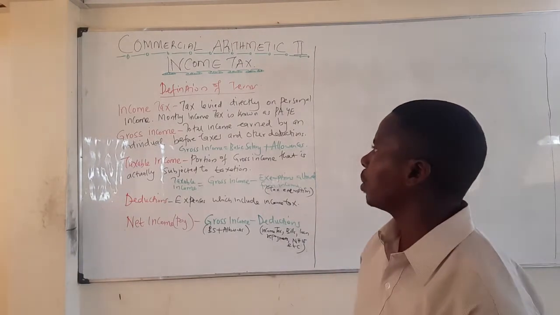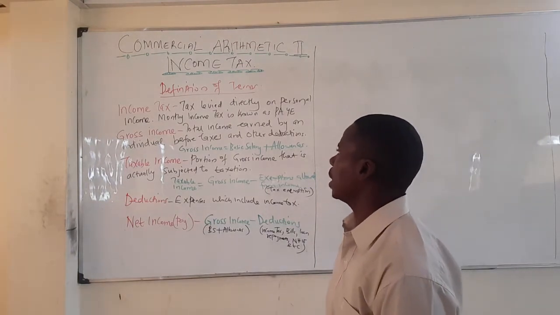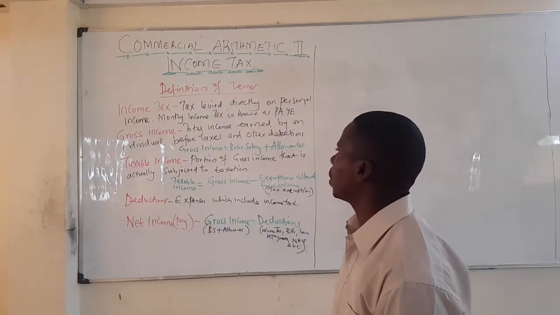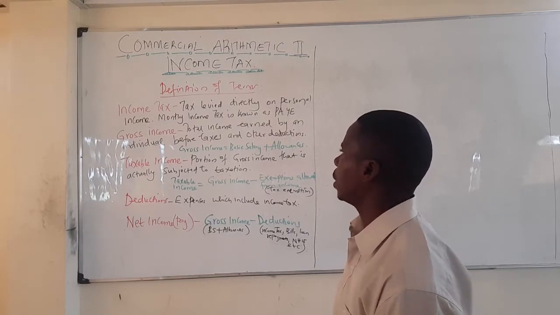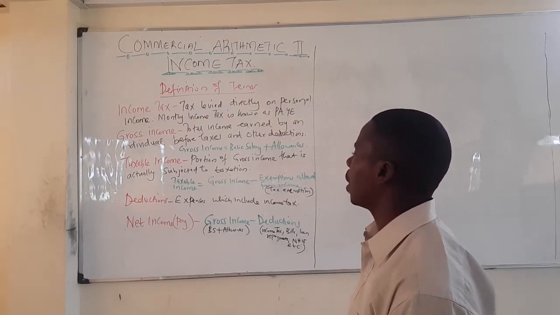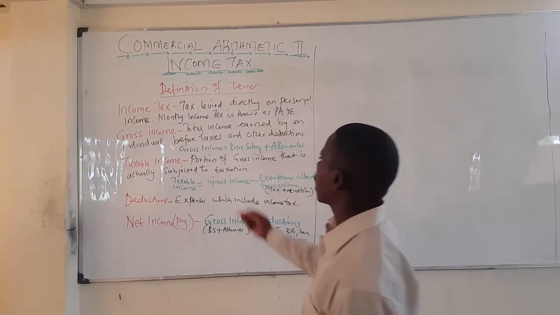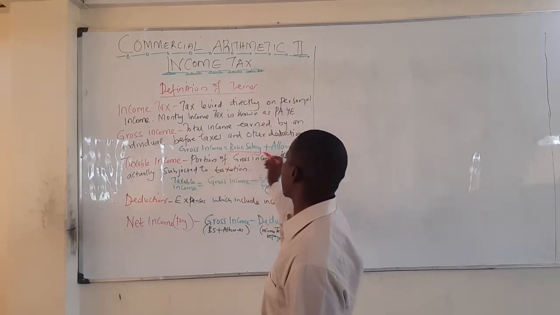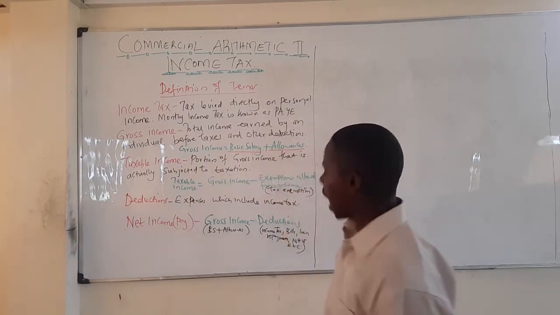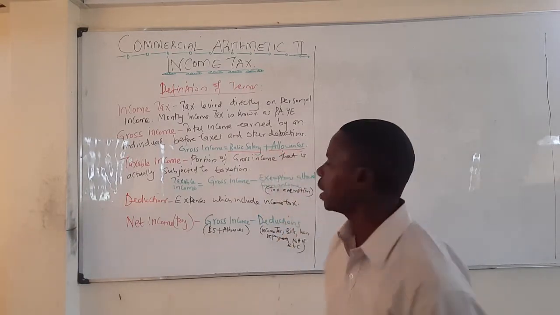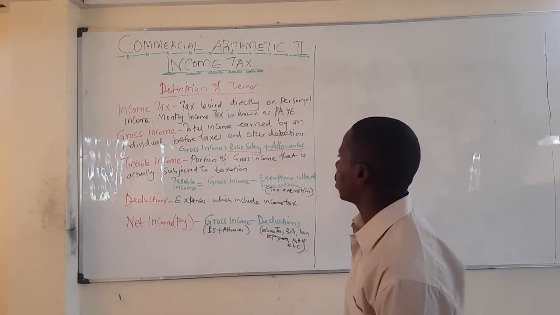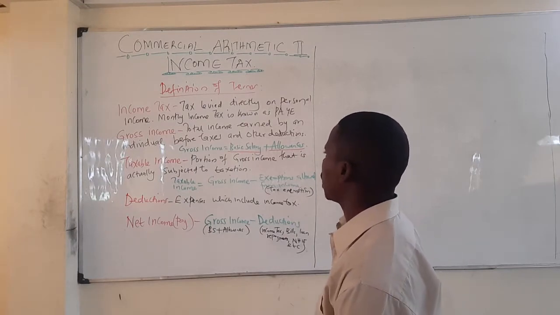So whatever you get as income before the taxes is referred to as the gross income. And the gross income is given by the basic salary plus any allowances that you may be having, you add it to the same to get the gross income.